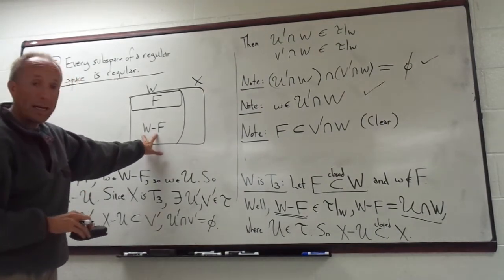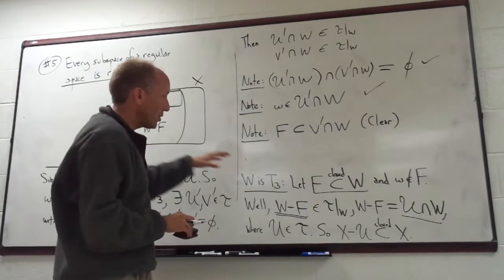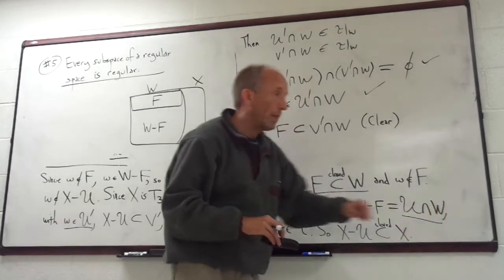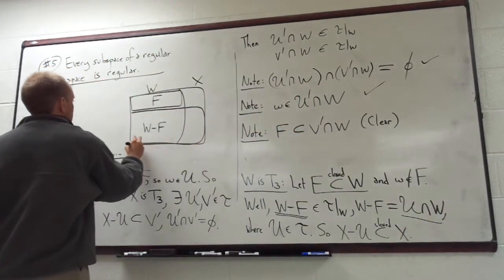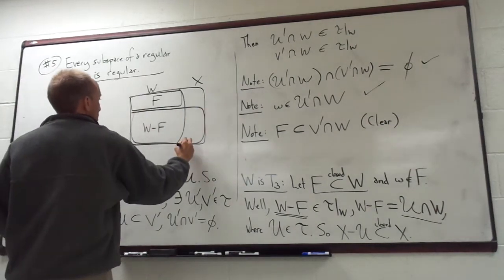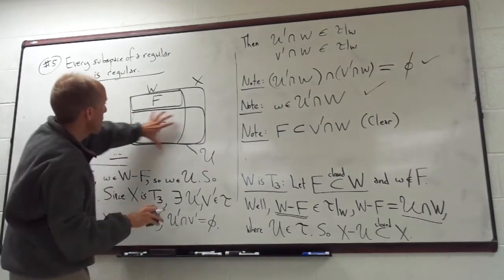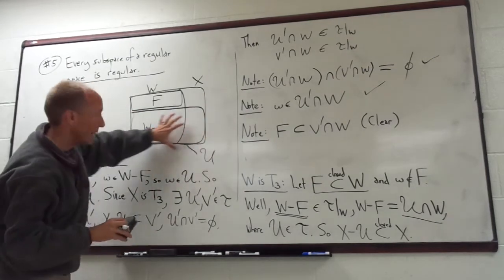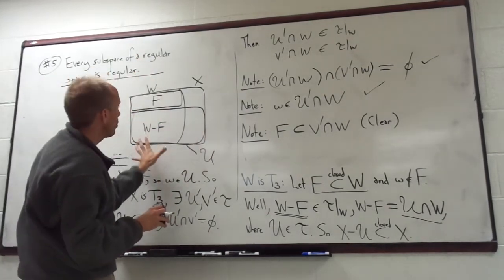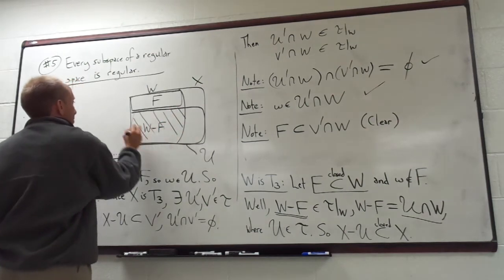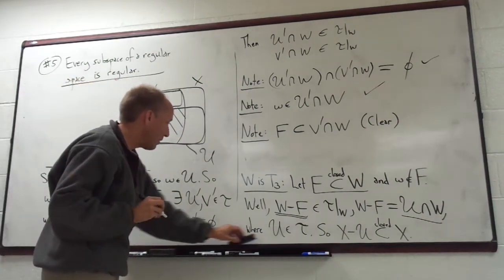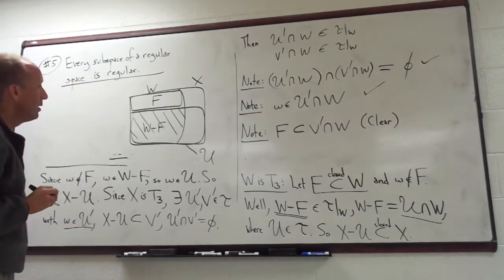Notice that W minus F is supposed to be the intersection of U with W. So let's suppose that U looks like this. U is this whole strip, and W is this whole strip, and when you intersect them, you get W minus F right there. Just to visually see what's going on.